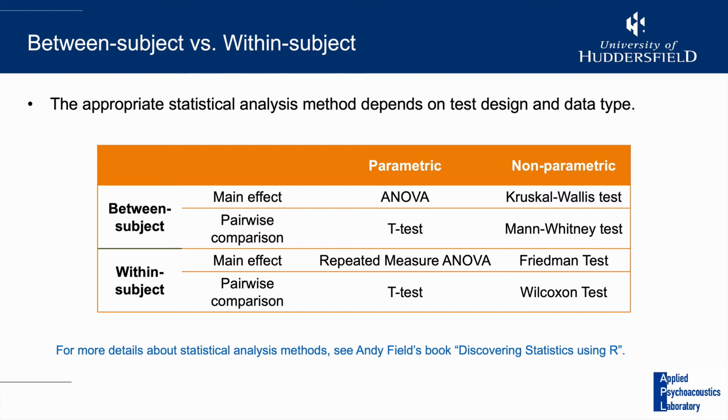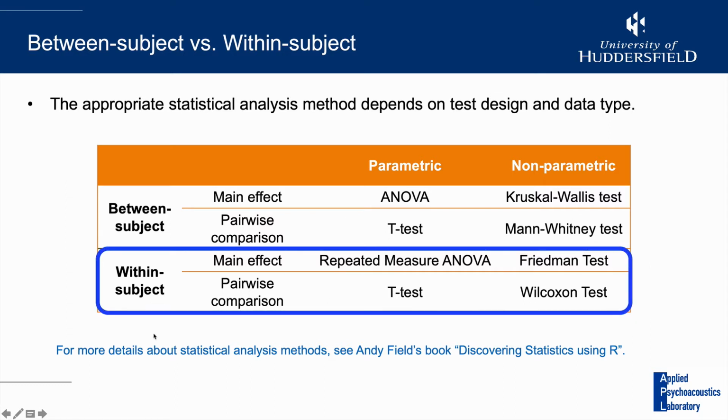It's not the scope of this session to go into too much detail about statistical analysis, but just to give a brief overview, when your test design is between subject, we'll see what between subject and within subject means later on, then the appropriate methods to use are ANOVA for the main effect testing and t-test for pairwise comparison test. But if it is for non-parametric analysis, then we need to use something like Kruskal-Wallis test and Mann-Whitney test.